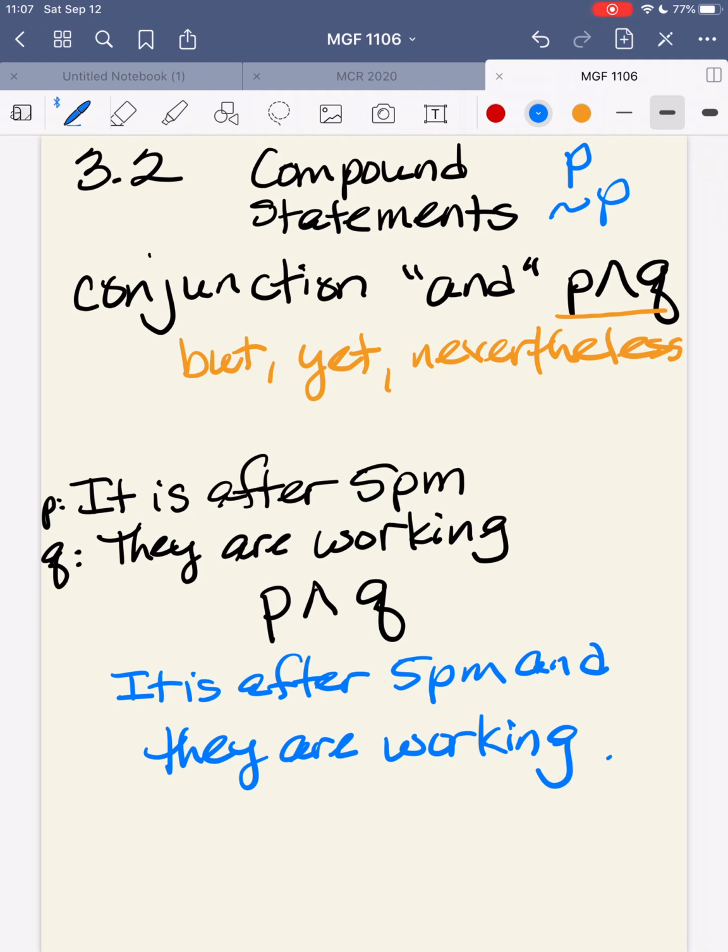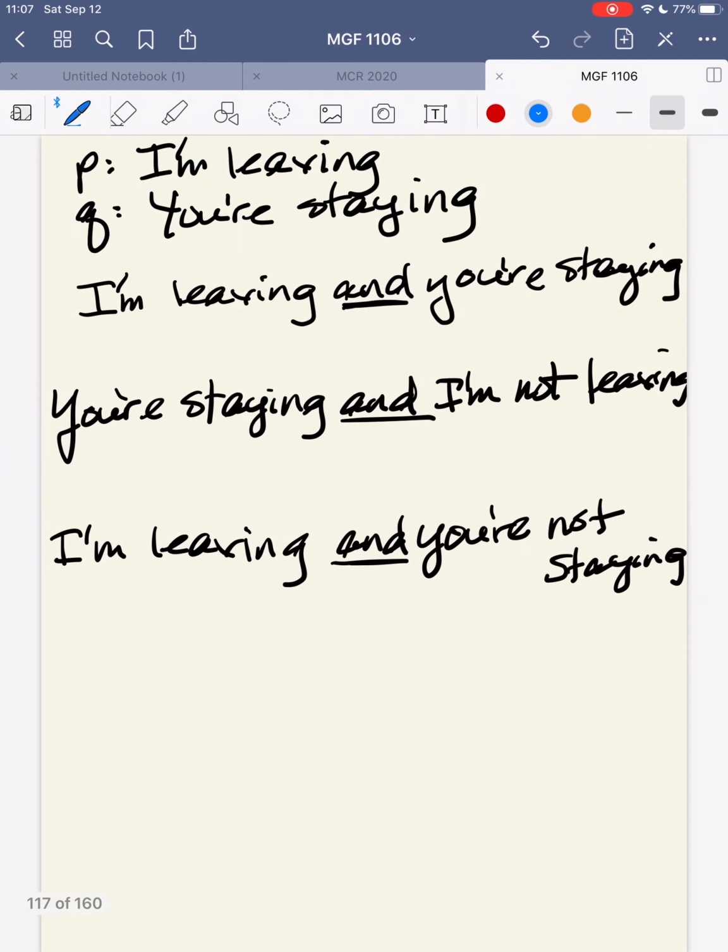Okay. Now, of course, in addition to all our compound statements, the negation can come into play with this. So let's go ahead and look at some more. Here I have a statement P, I'm leaving, and a statement Q, you're staying. Okay. So if I'm saying I'm leaving and you're staying, the word and implies that I'm leaving is P, you're staying is Q. So this one was pretty straightforward.